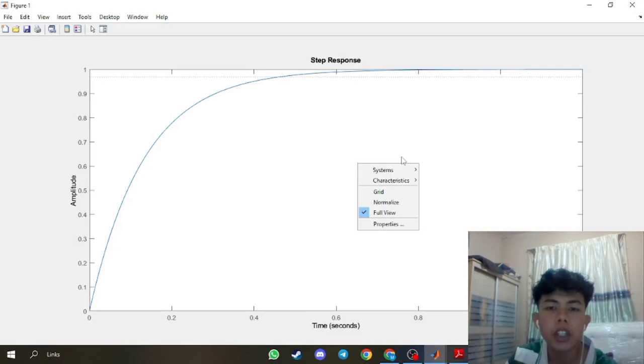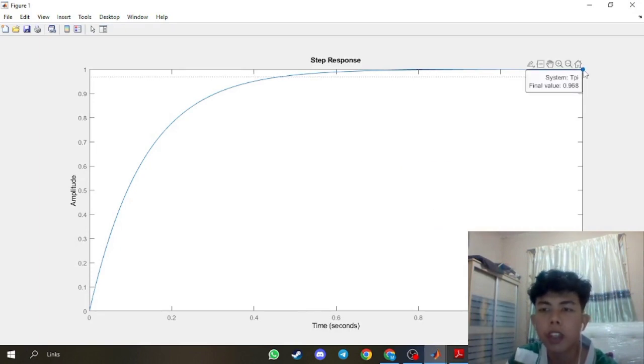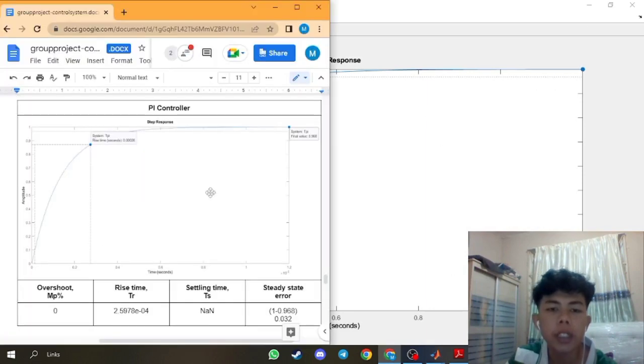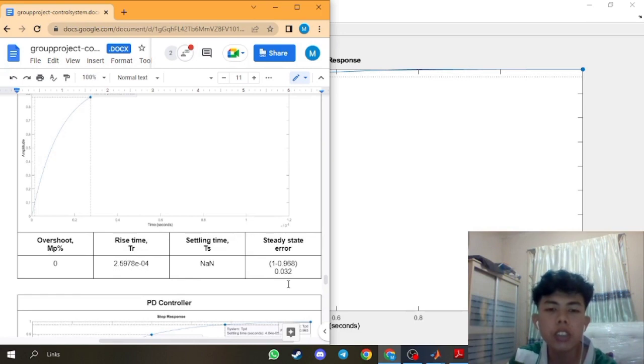If I run, I get this graph. Okay, this is the PI graph, same as my report. Overshoot 0, rise time 2.5978, exponent 0.4, settling time none, and steady state error 0.032.